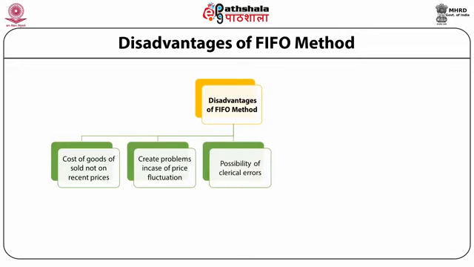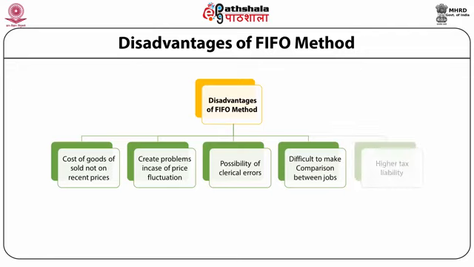There is a possibility of clerical errors. It is difficult to make comparisons between different jobs when this method is adopted, and it results in higher tax liabilities. So these are the limitations of this method which are faced by an organization.